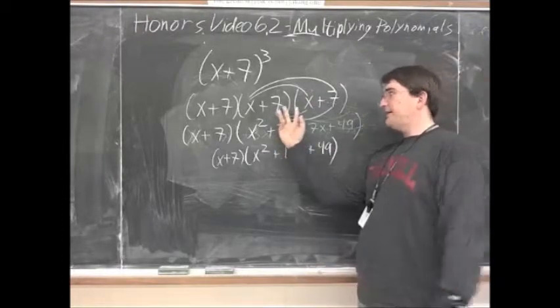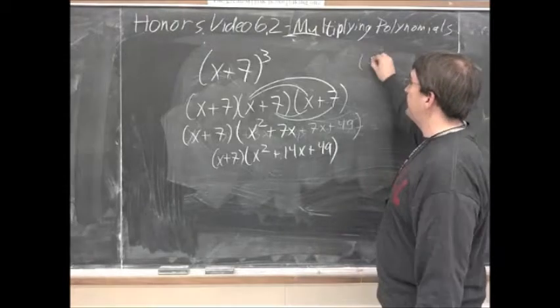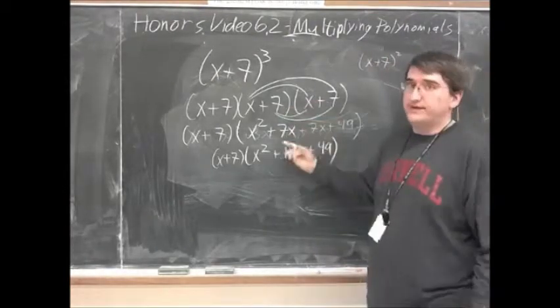So that's my x plus 7 times x plus 7, which incidentally is what that (x + 7) squared was. After all, if I'm multiplying it by itself twice, that's squaring it.